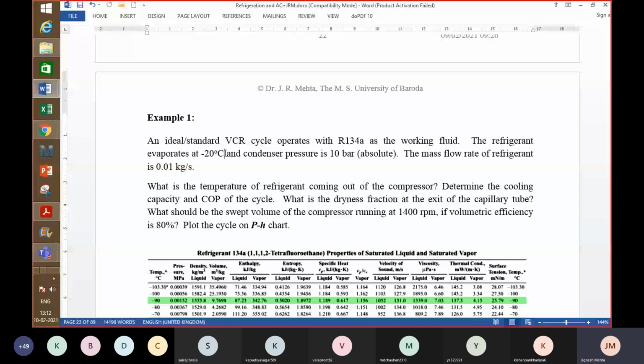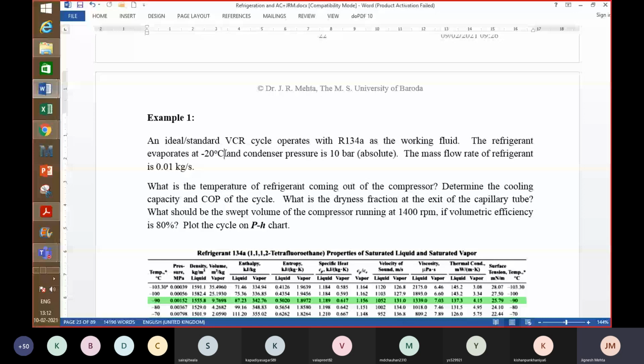Second, the dryness fraction at the exit of the capillary tube. And the swept volume of the compressor if the compressor is running at 1400 RPM and the volumetric efficiency can be taken as 80% or 0.8. And we would also like to plot this cycle on the p-h chart. So you are already introduced to this chart, the p-h chart, and we would like to plot the cycle on that chart.